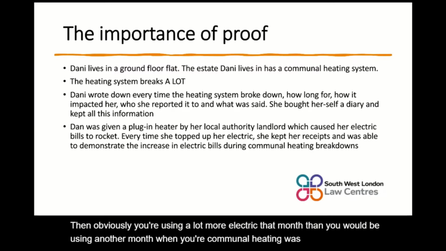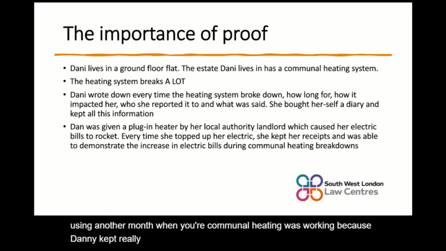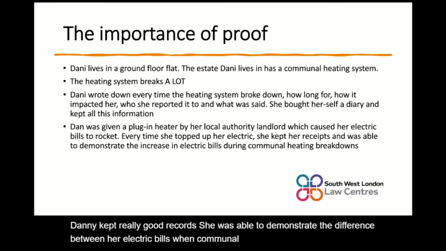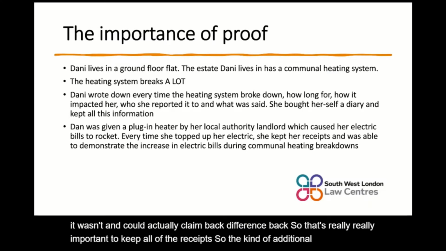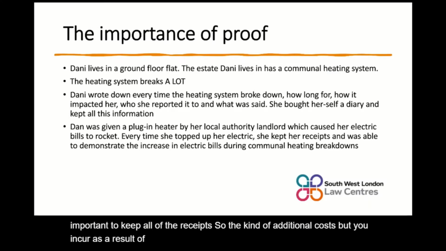Because Danny kept really good records, she was able to demonstrate the difference between her electric bills when communal heating was working versus when it wasn't, and could actually claim that difference back. So that's really important, to keep all of the receipts, so the additional costs that you incur as a result of your disrepair.